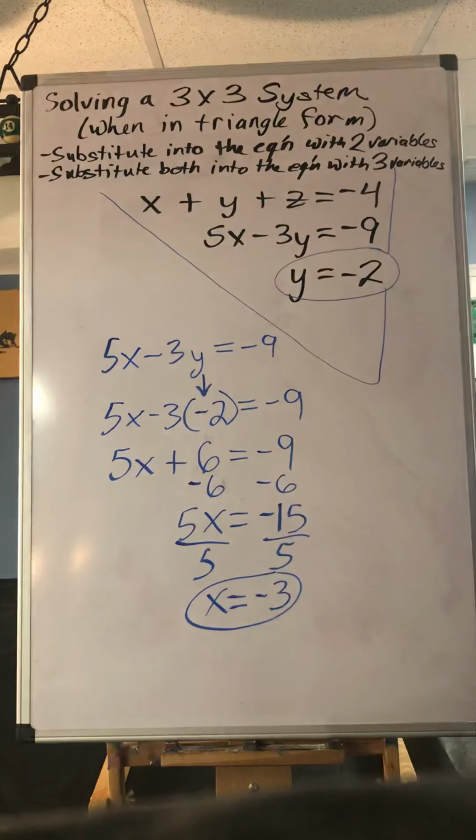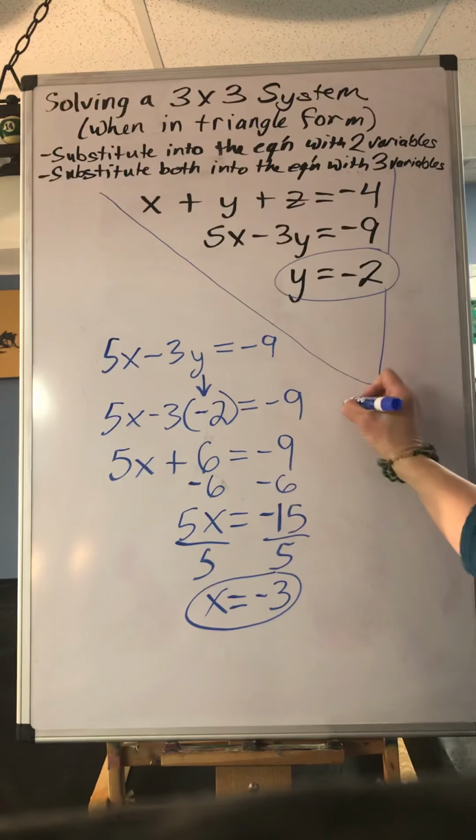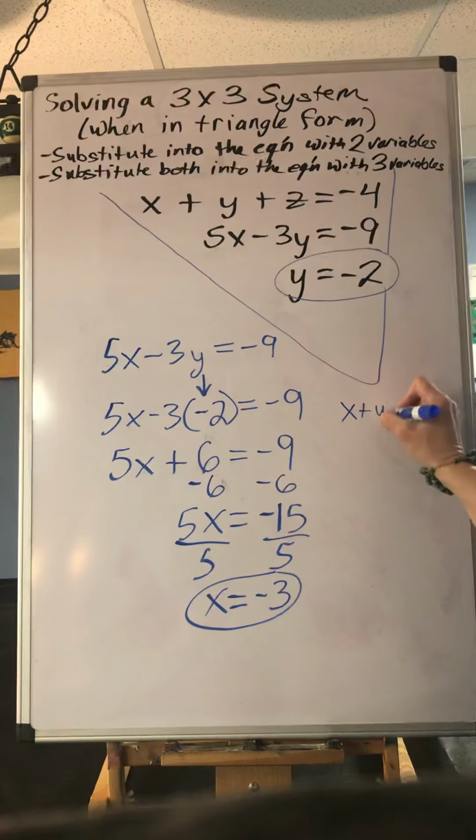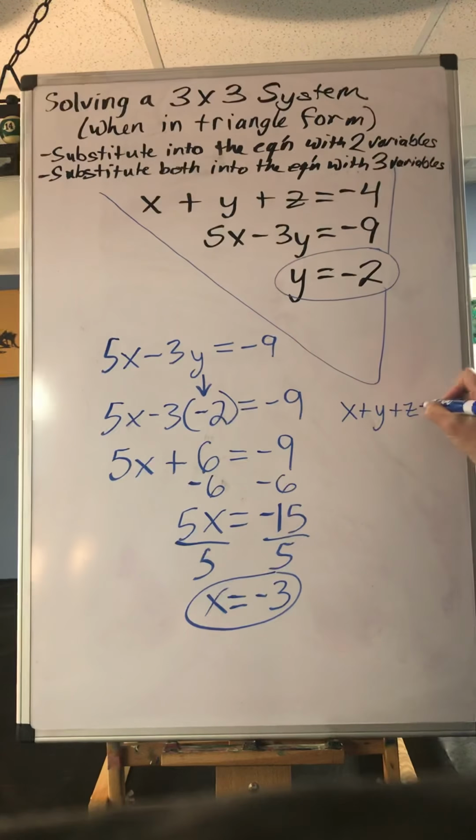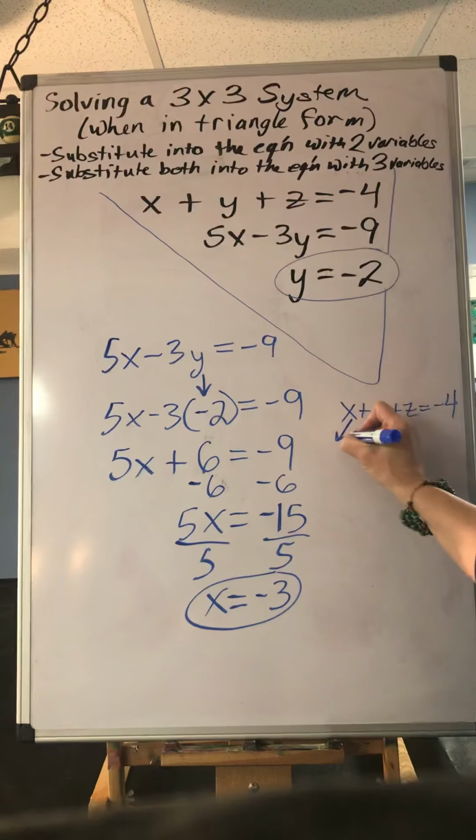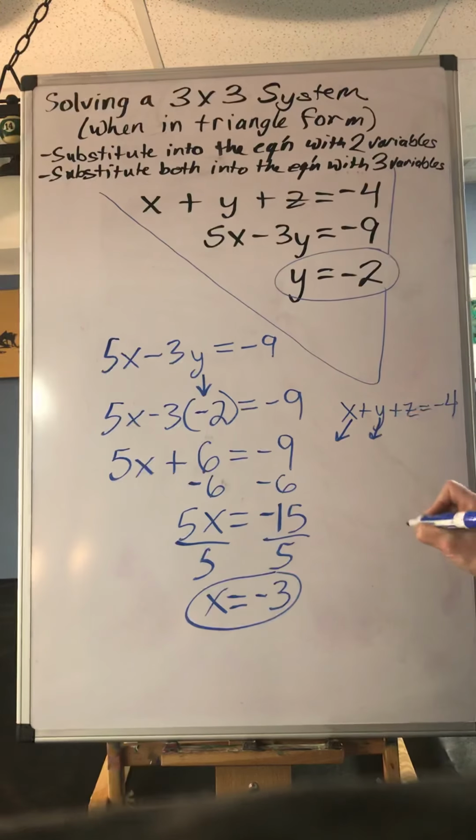Now, are we done? No, because we know what y is, we know what x is, we have to go back and find z. Now, the top equation has 3 variables, so I'm going to write the top equation. X plus y plus z is -4. And we're going to make our substitutions in for x and for y.